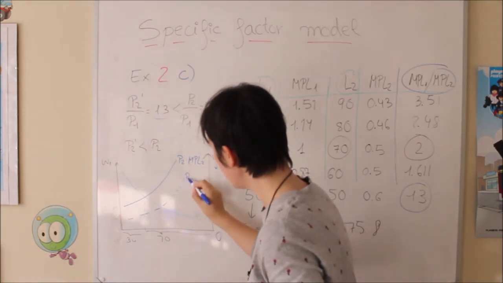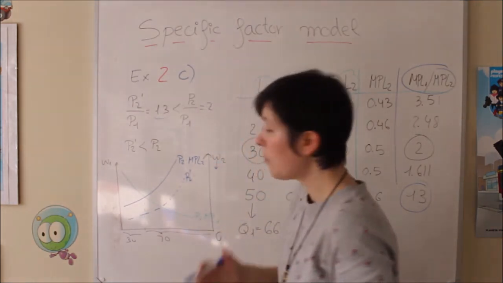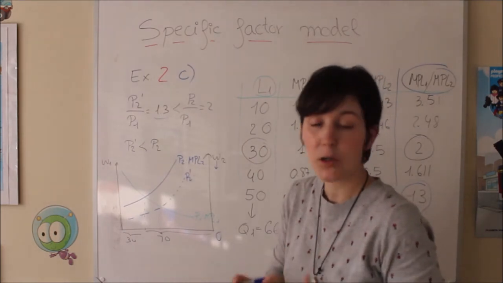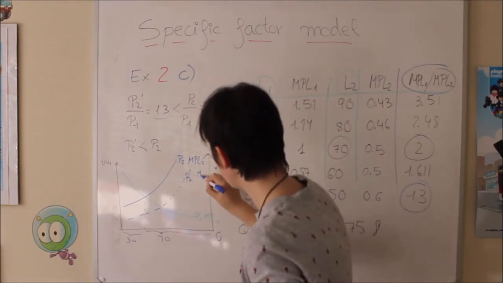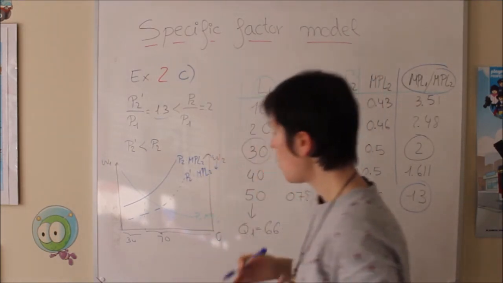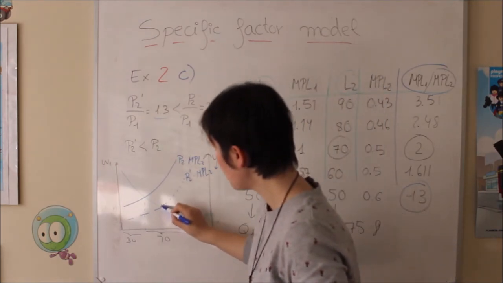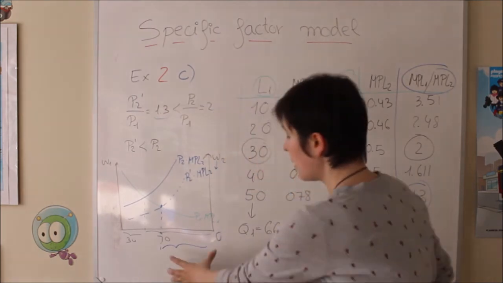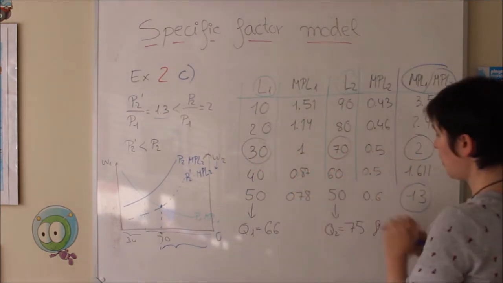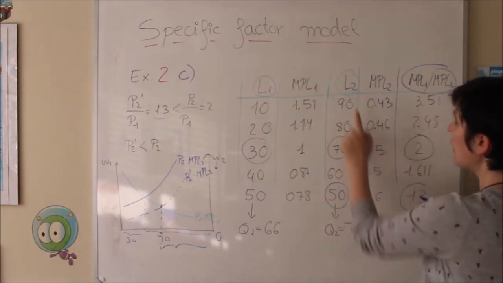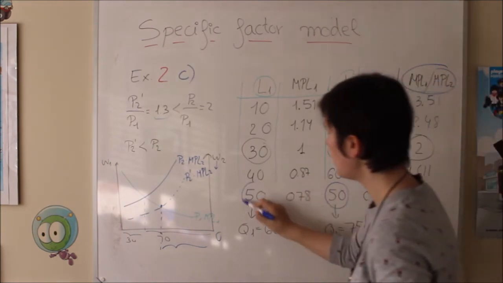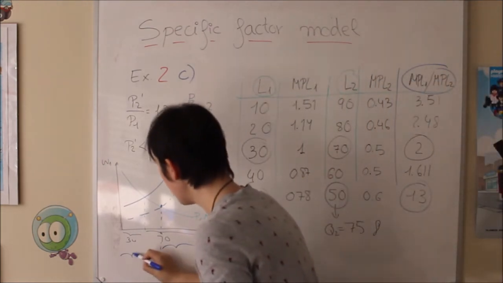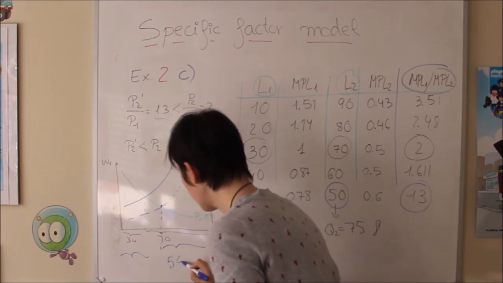Here is going to be the new price, and the marginal product of labor function is the same. Where is the new equilibrium? Here. And I know that this number is going to be 50, because that is the labor associated with the new equilibrium, and the other also is going to be 50, okay?